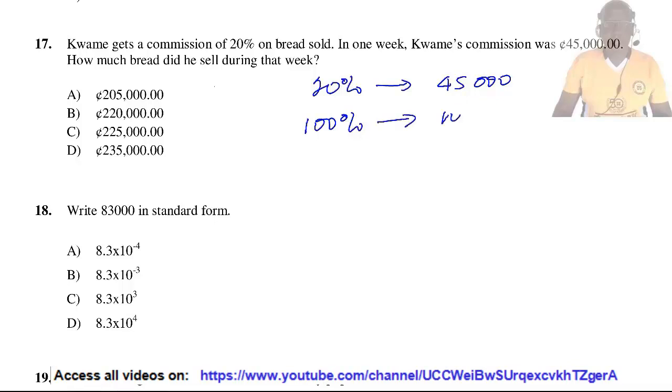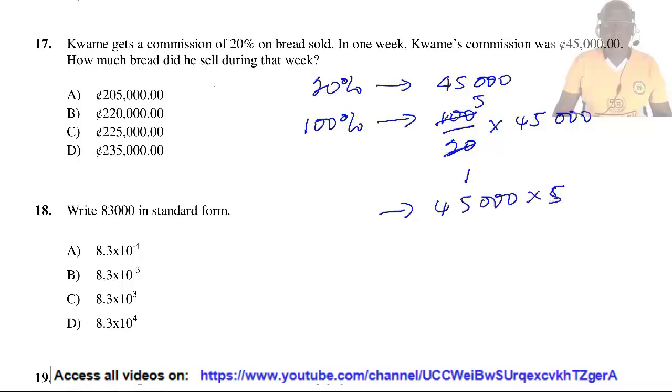So 100 divided by 20 times 45,000. 20 goes here 5, 20 goes here 1. So 45,000 times 5. 45 times 5. 25 carry 2, 20, 22. So 225,000. So the answer is C.